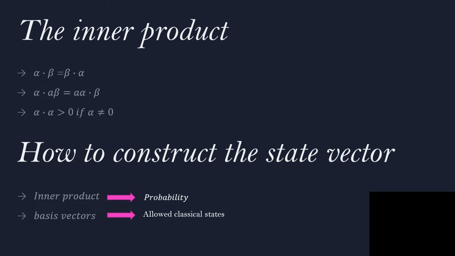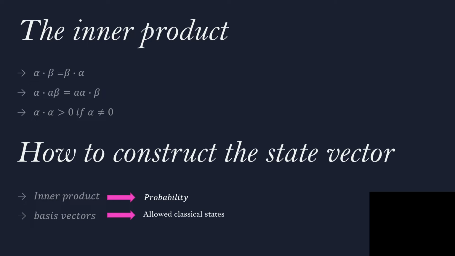Sometimes I'll be calling the inner product the scalar product. The scalar product is a particular type of inner product, but you can use the words interchangeably. So we have the inner product between vectors, and the inner product is firstly commutative.